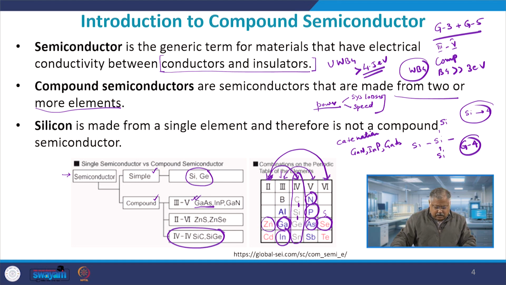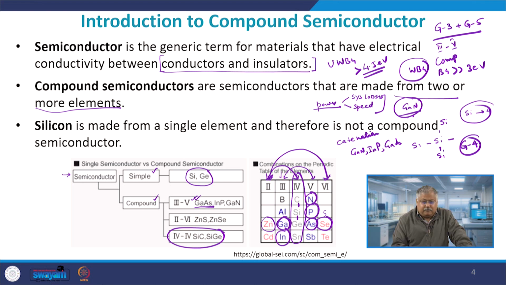Now, among the wide band gap materials, gallium nitride has come out to be a major resource for all practical purposes. So, typically we are looking at gallium nitride as a sort of alternate material for compound semiconductors.